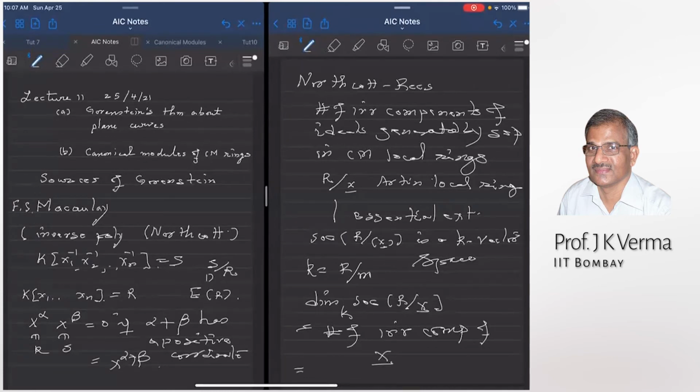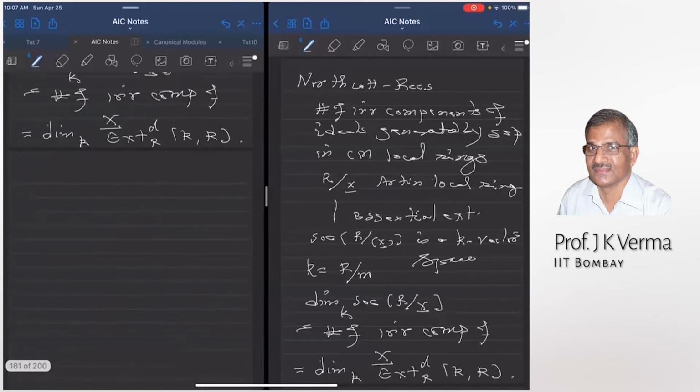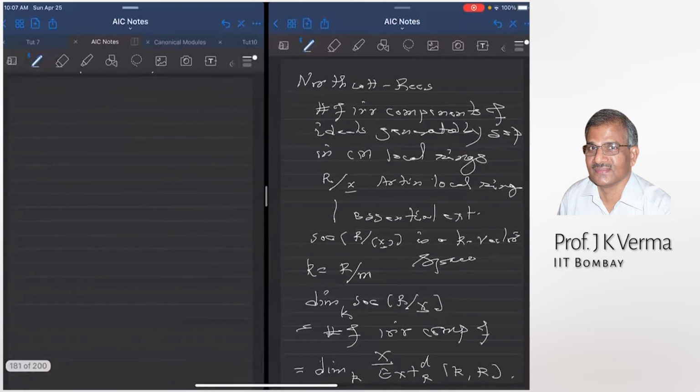And we have seen that this is also equal to the dimension over K of Ext^d(K, R). So it is independent of the system of parameters chosen. Then they investigated the Cohen-Macaulay rings where every system of parameters is irreducible and found many properties. This was the second source.